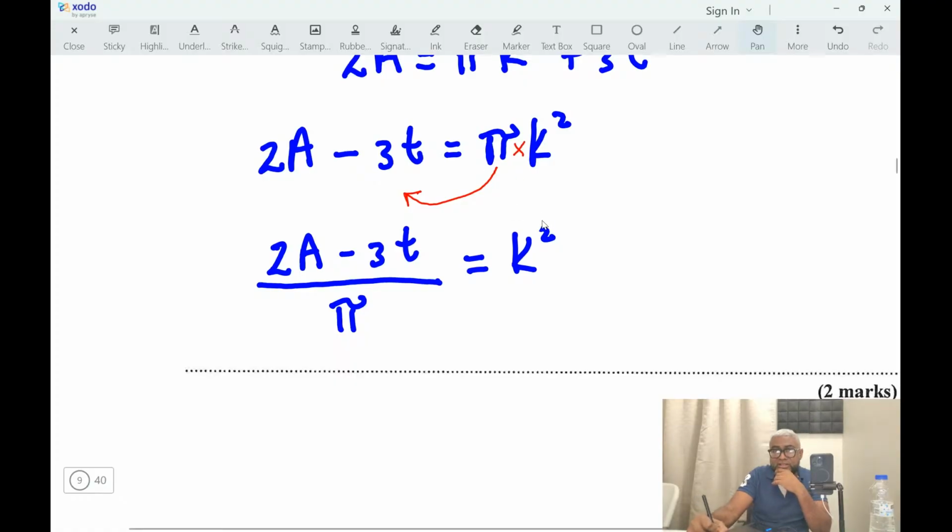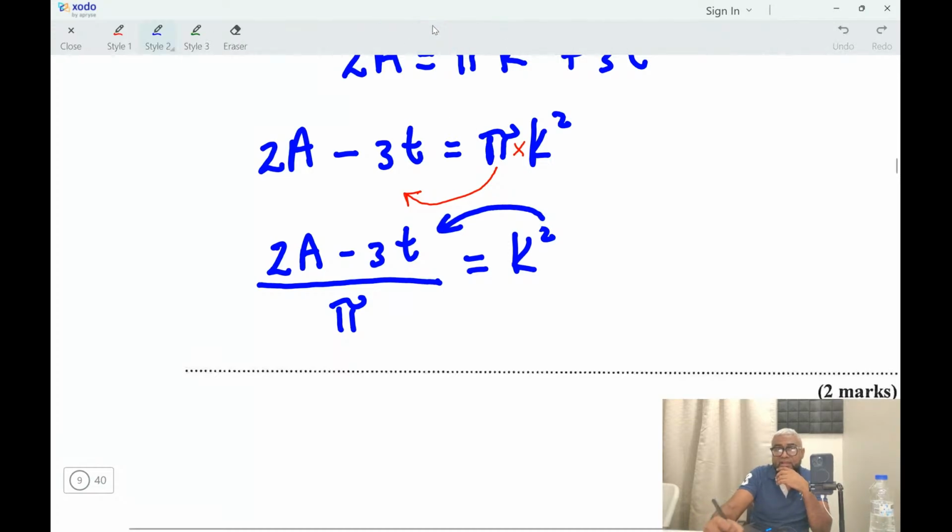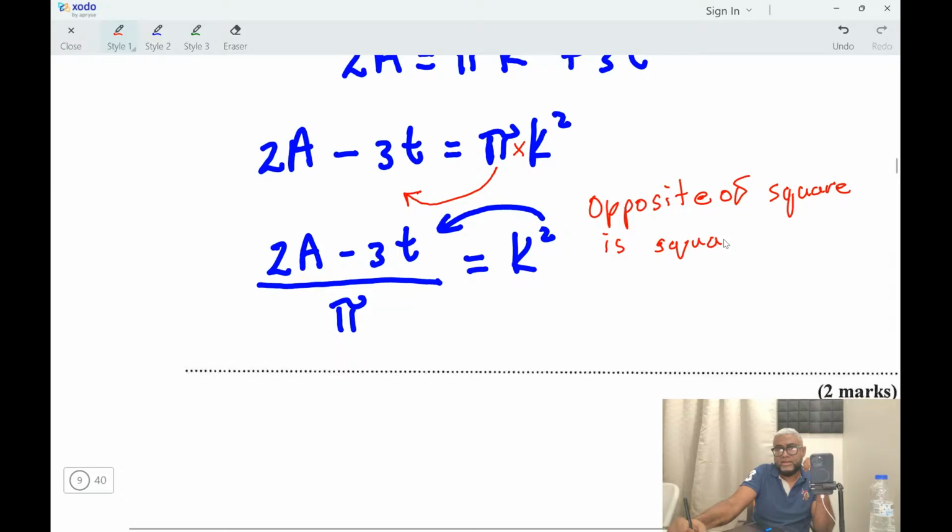So at this point, we're going to do the opposite of squared here. For those who don't know, the opposite of squared is square root.